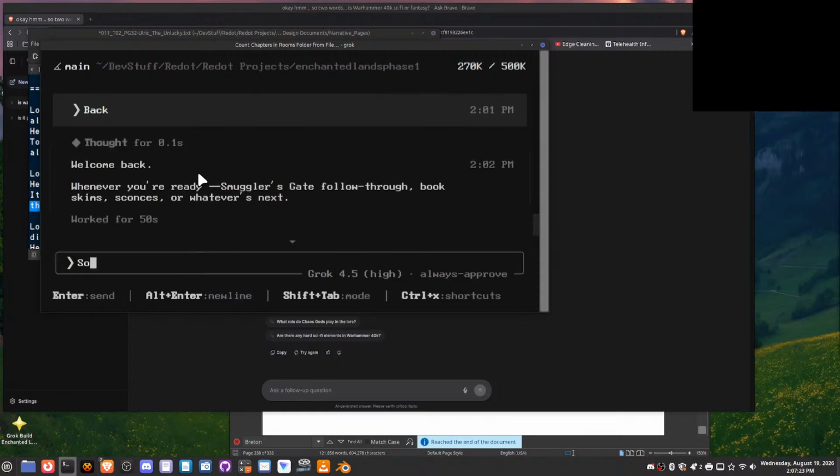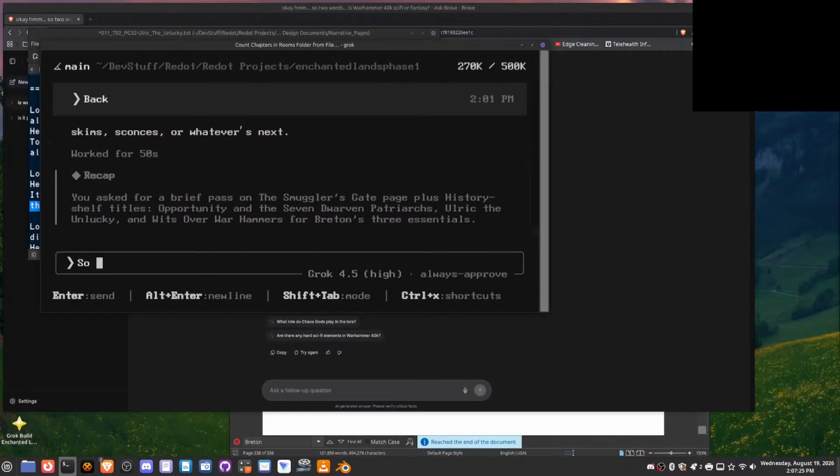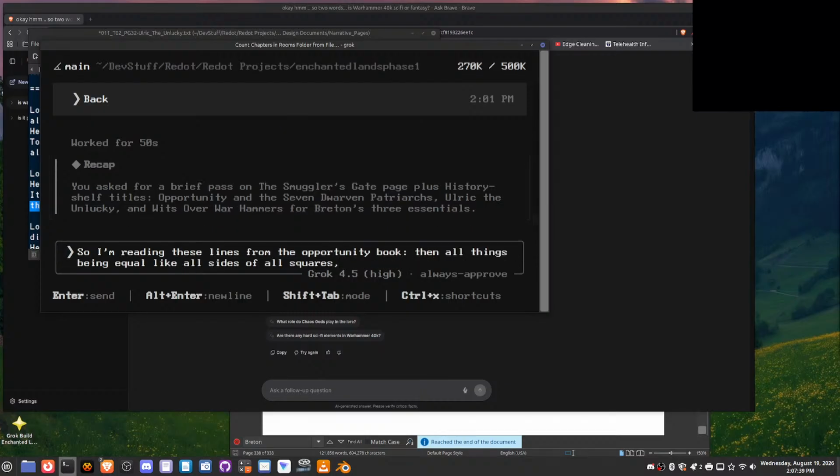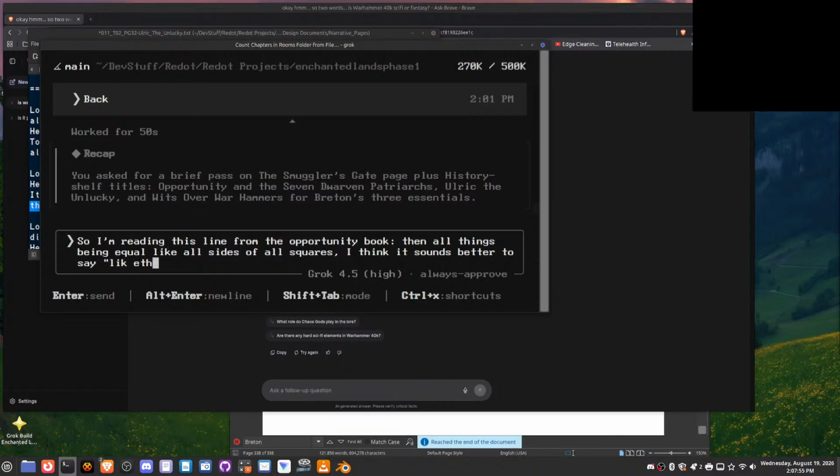So I'm reading these lines from the Opportunity book. I think it sounds better to say like the sides of all squares.